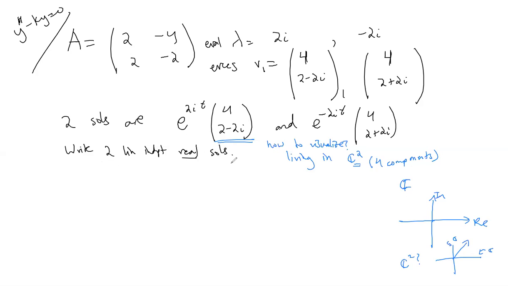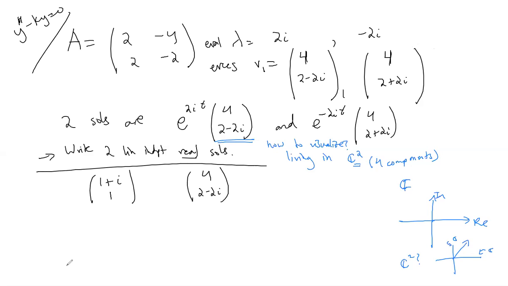Okay, so how do we write down two linearly independent real solutions? You got different eigenvectors. Let's check. You got 1 plus i and 1, and I got 4 and 2 minus 2i. What if we multiply the first one by 2 minus 2i?